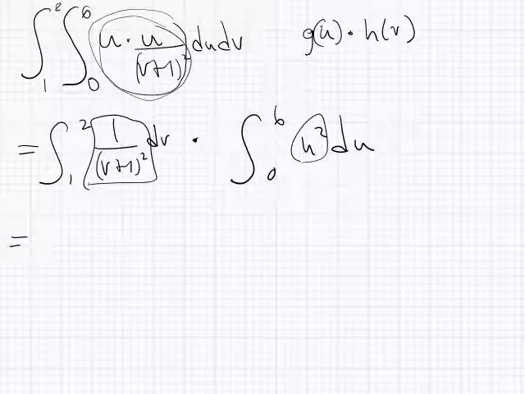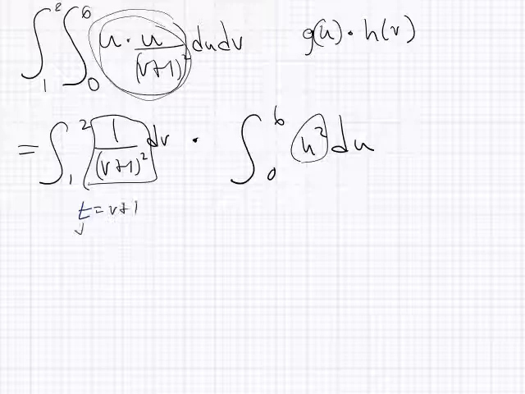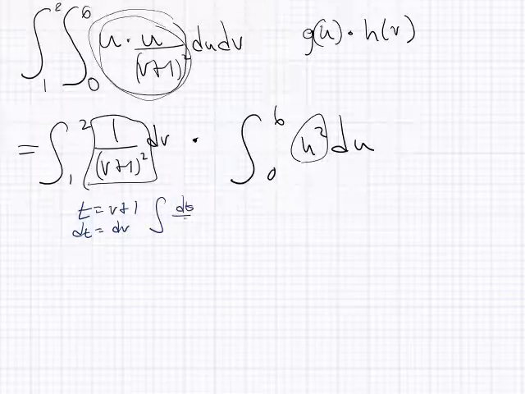This 1 over V plus 1 squared, in order to integrate that, we're going to need to do a substitution. It seems a little silly, but we're going to need to do that. Let's say T equals V plus 1, dt equals dv. So we end up with just the integral of dt over t squared, which would be the integral of t to the negative 2 dt.